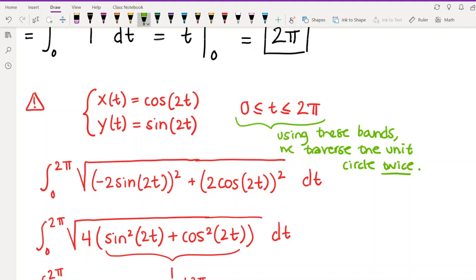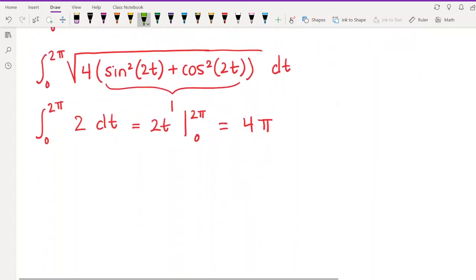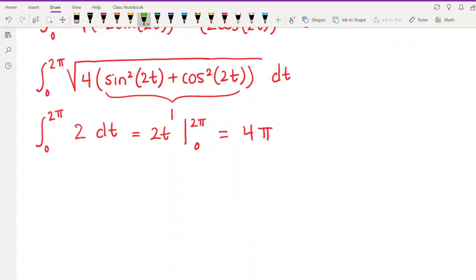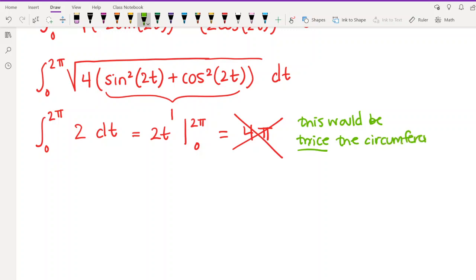It moves through the unit circle more quickly. So it came out wrong because we chose bounds that did not go around the curve only once. So this would be basically twice the circumference of the unit circle. So how could we fix this?